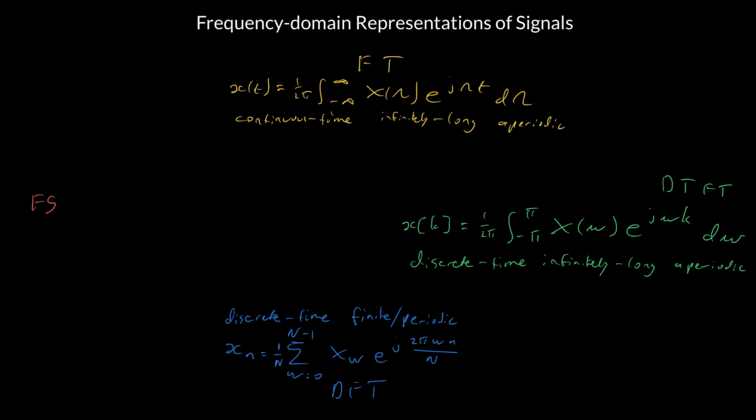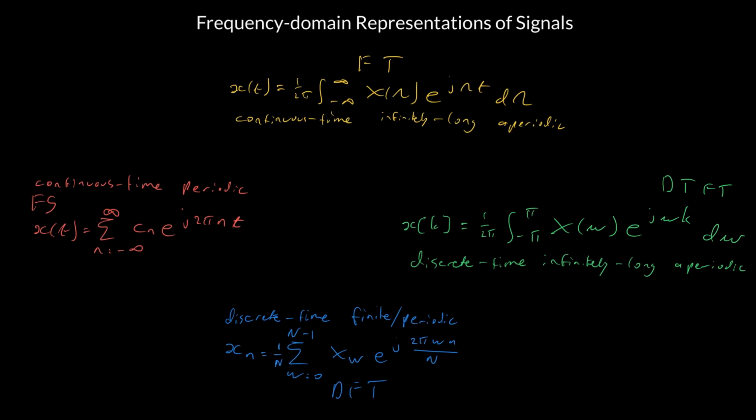So we have x naught, x1 up to x big N minus 1, then x naught, x1 up to big X N minus 1, etc. The reason why we mention a periodic signal here is because it's this periodic perspective that allows us to connect the DFT with the other frequency representations on this page. Finally, we have a Fourier series representation which represents a continuous time periodic signal. We could of course think of it as being finite if we looked at a single period.